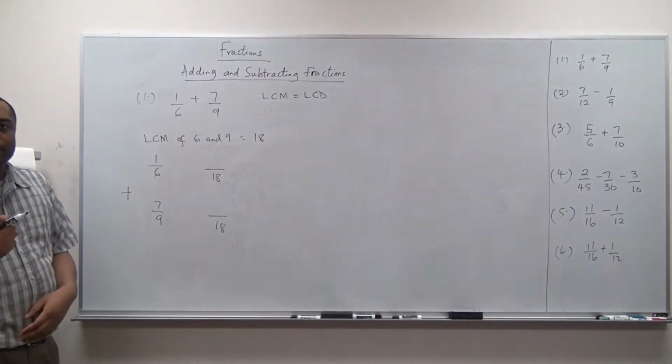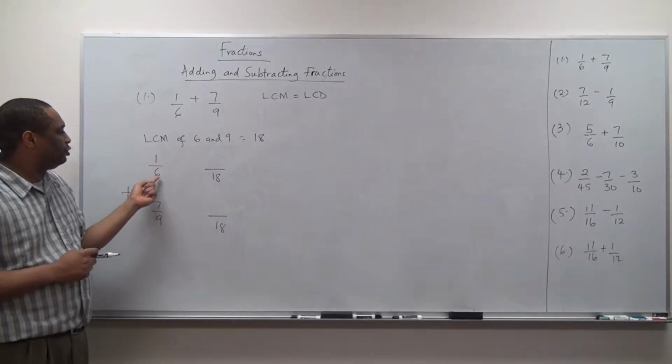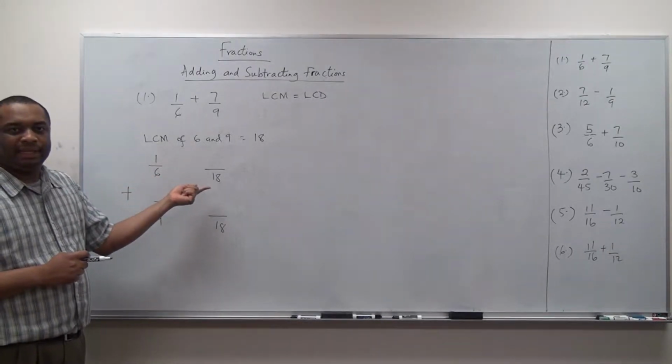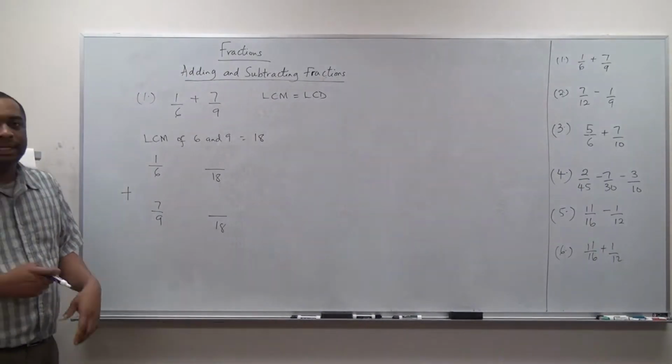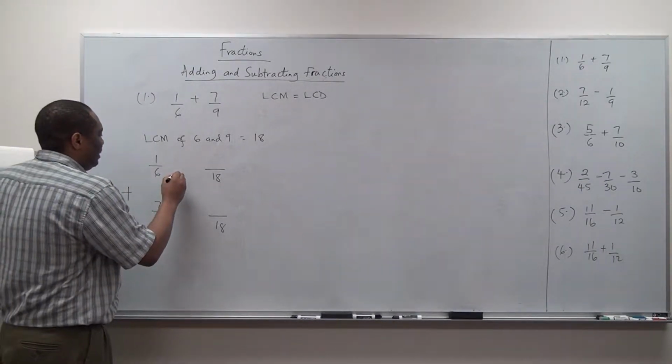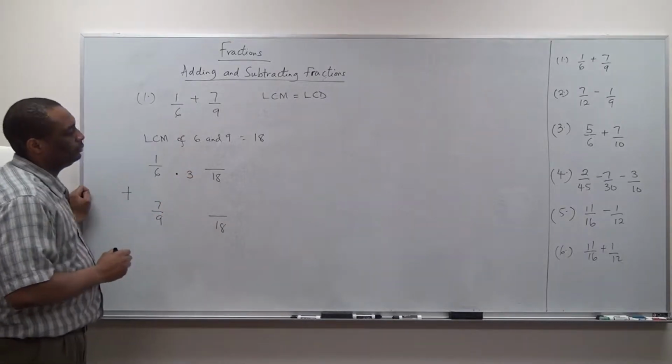Now the next thing you ask yourself: what am I going to multiply 6 by to give me 18? That means multiply by 3 to give you 18.